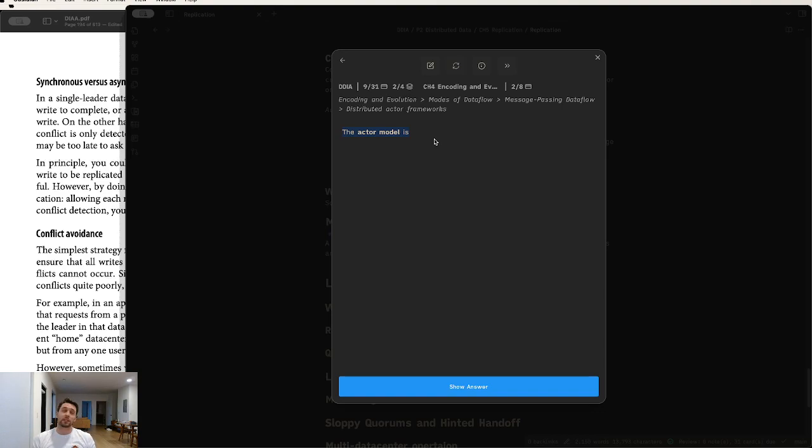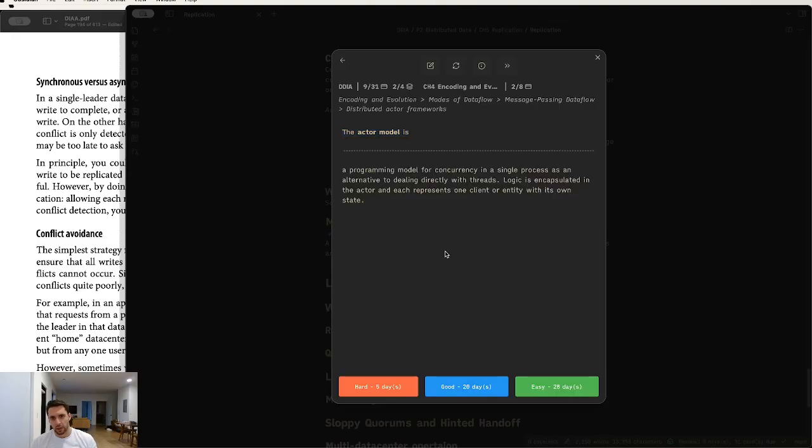It can send messages, but none are guaranteed. And it's a programming model for concurrency.